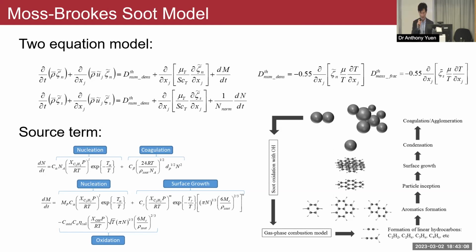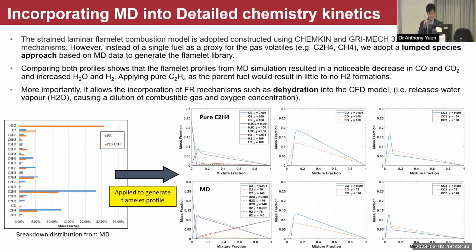And there are existing empirical formulas that govern these effects. On the left-hand side, you can see nucleation and coagulation contribute to the number of soot particles, and then oxidation will reduce the mass of the soot particle. And that's, in short, how it works.